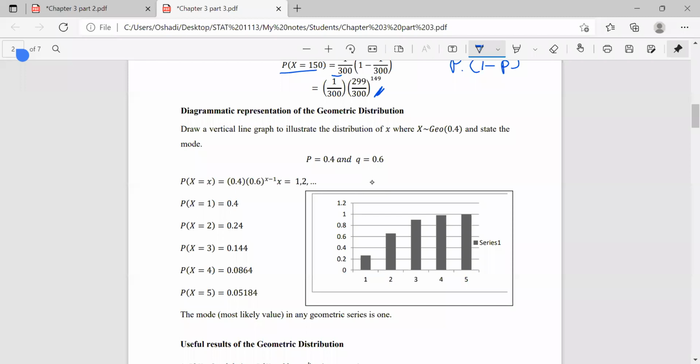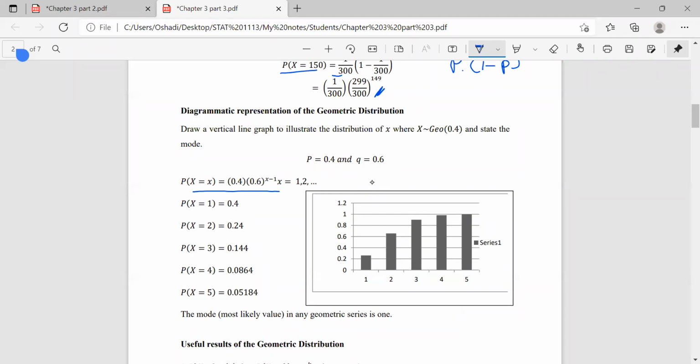So the geometric distribution is given here. Since P is equal to 0.4, the probability that the first success occurs in trial X is 0.4 times 0.6 to the power X minus 1, for X equals 1, 2, and so on.